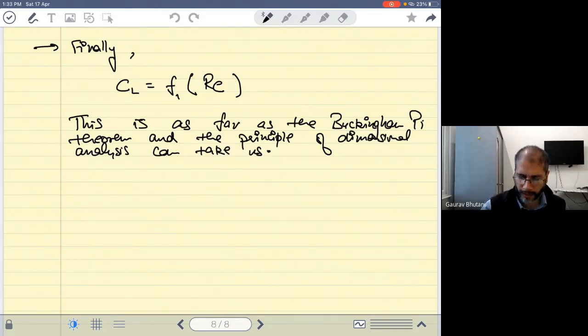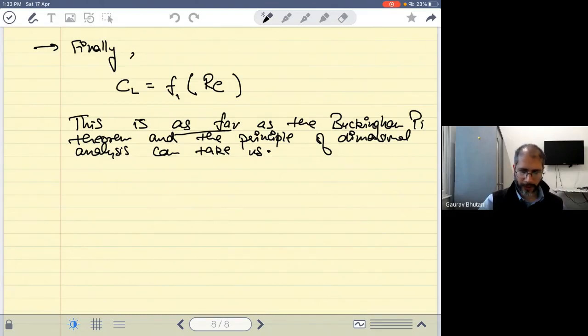So what I mean by as far as is that the Buckingham pi theorem or dimensional analysis cannot give you the value of f1. It cannot tell you what the functional form is, because this is purely based on dimensional principles. It does not contain the actual physics of the problem that is happening.